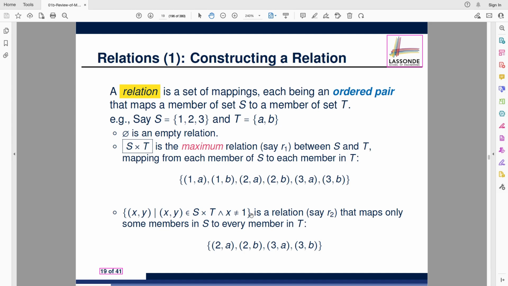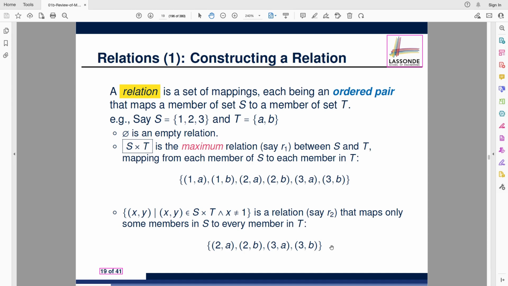Guys, try to really convince yourself that this set comprehension notation can be evaluated into this set over here. You can see there is no element in the resulting set where x is equal to 1, only 2 and 3. That's how we excluded that. Take a look at this example and make sure you understand that.